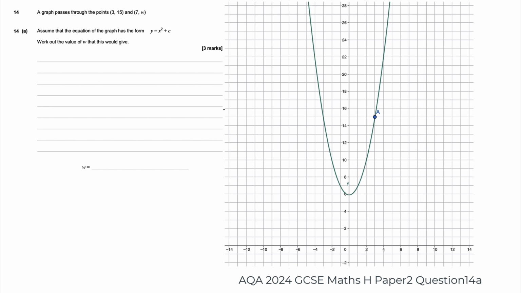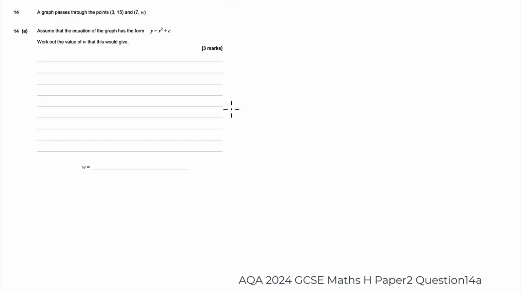So once we've worked out the one equation, one curve, we can then go and find the point (7, w). So the x coordinate will be 7, and this will be way off the screen, but w will be a large positive number. So there'll be one point that has an x coordinate of 7. So we can certainly find w.